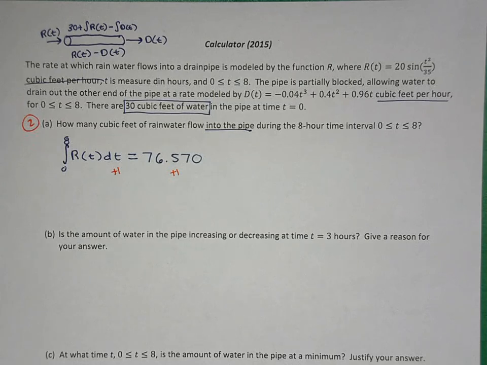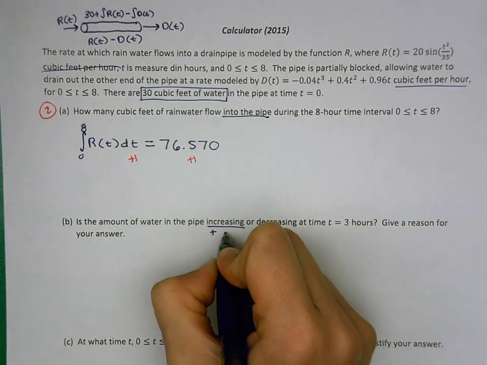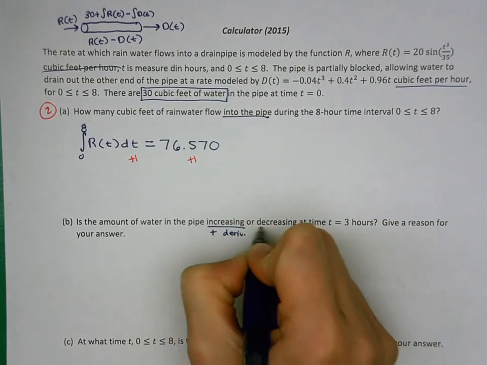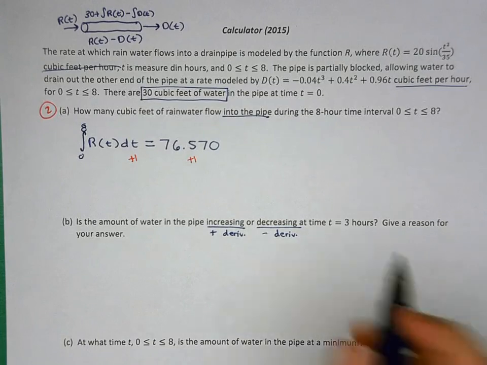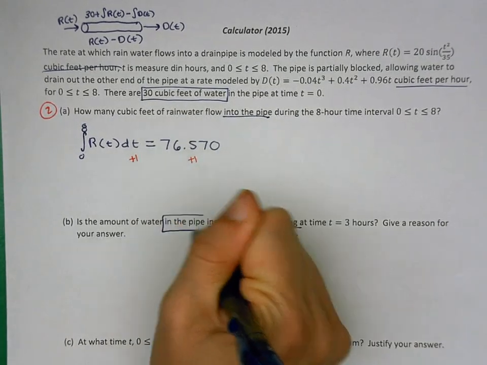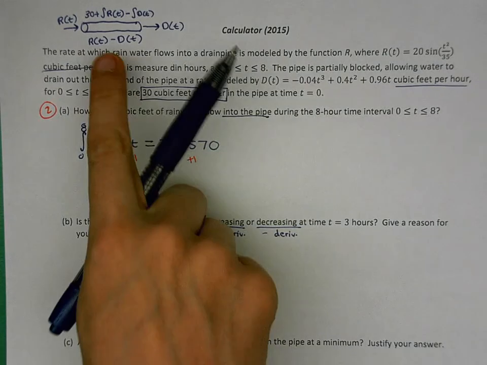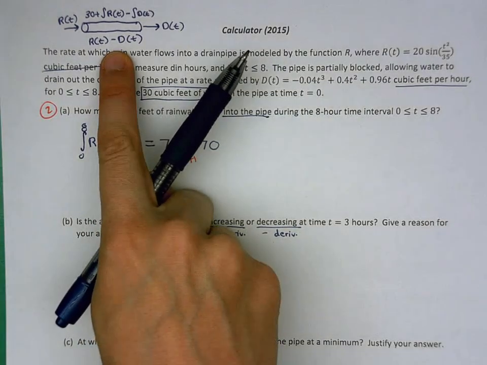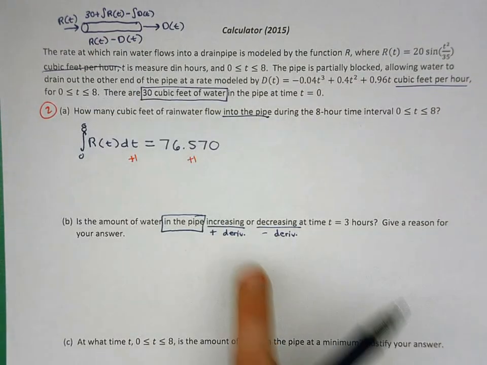Well, increase means positive derivative. Decrease means negative derivative. And we're talking about in the pipe. So what's the derivative of in the pipe again? In the pipe, that's the R of T minus D of T. And so the question is, is that R of T minus D of T at T equals 3 positive or negative?